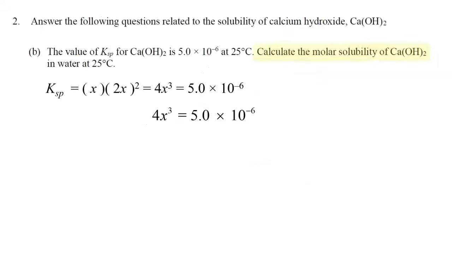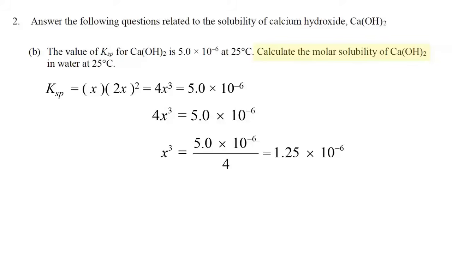The next step in the process for solving for X, after we've set 4X cubed equal to the number 5.0 times 10 to the negative 6, is to divide both sides of the equation by 4. And when we do that, we get X cubed is equal to 1.25 times 10 to the negative 6.